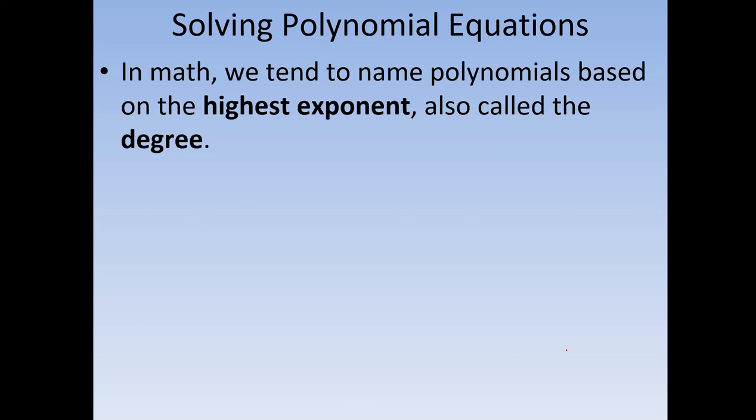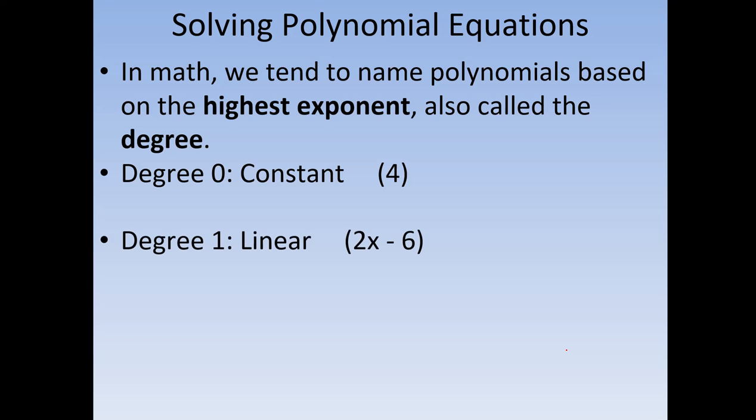All right. Now, in math, as you know, we do have special names for some of the polynomials, in particular, the ones that have higher exponents, and this is all based off of their degree. So, for example, a polynomial that has degree 0 is what we call a constant. So, 4, 5, 7, those are degree 0 polynomials or constants. We already talked about this, but degree 1 polynomials are called linear polynomials.